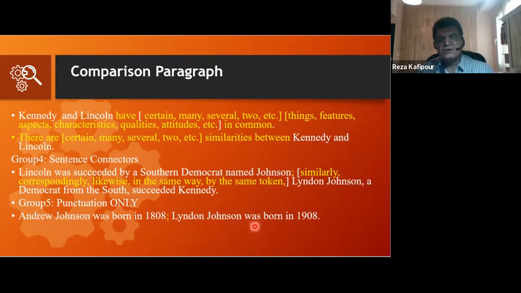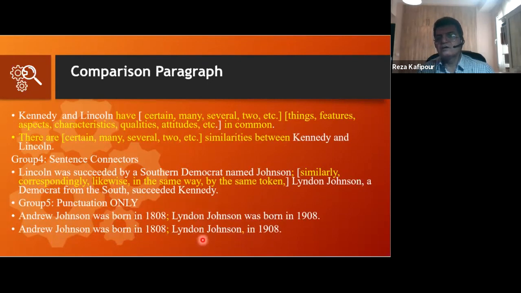Here, as you see, "was born" is a parallel structure, repeated from the first part. So this can be omitted and the sentence can be rewritten in this form: Andrew Johnson was born in 1808; Lyndon Johnson, in 1908. So "was born" can be omitted as a parallel structure and replaced by a comma.